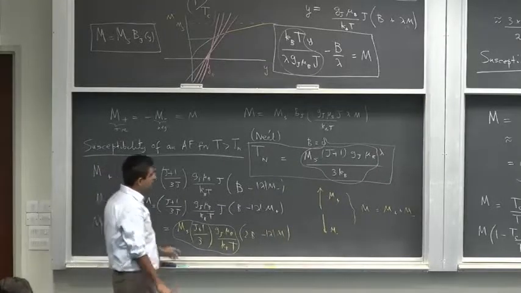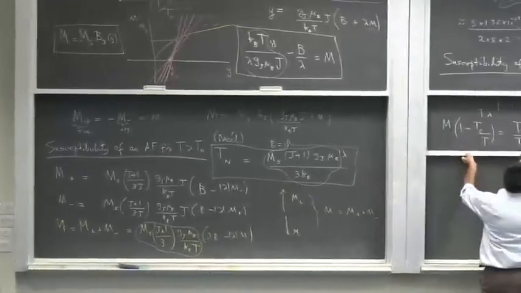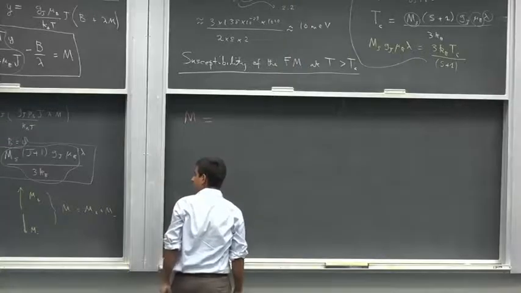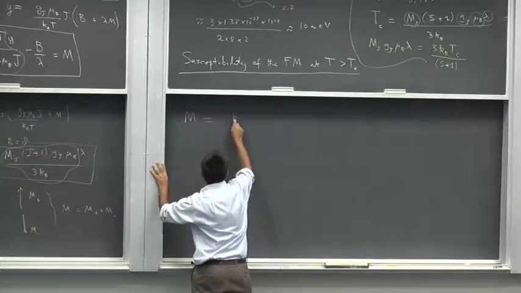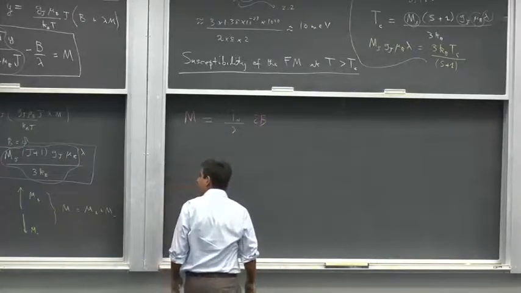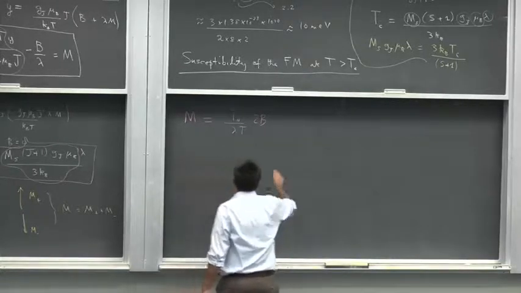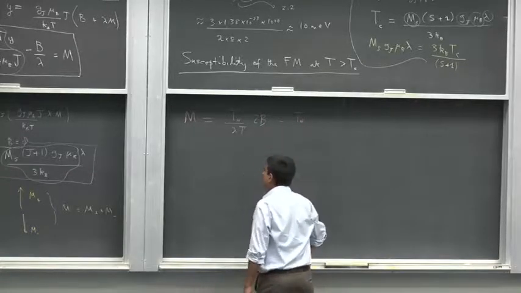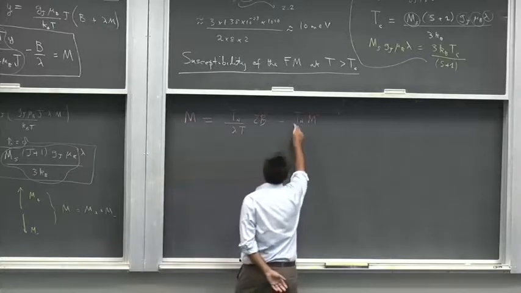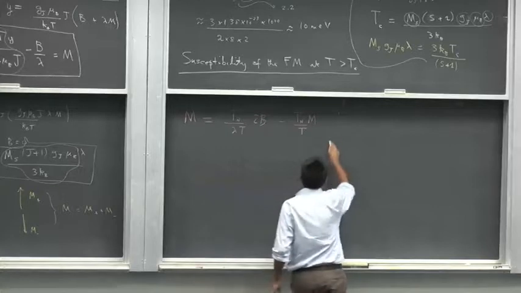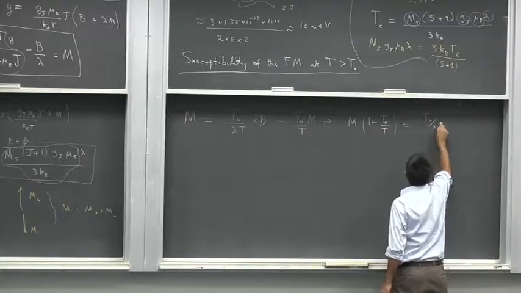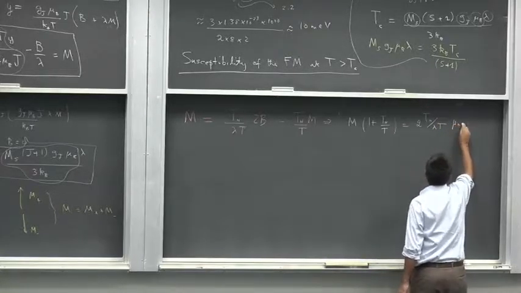Okay? So what I could do, I could rewrite this in the following form. My M equals Tn over lambda times 2 mu naught H over T minus Tn M over T. So this becomes M times 1 plus Tn over T equals Tn over lambda T times 2 mu naught H, and H is M over chi.